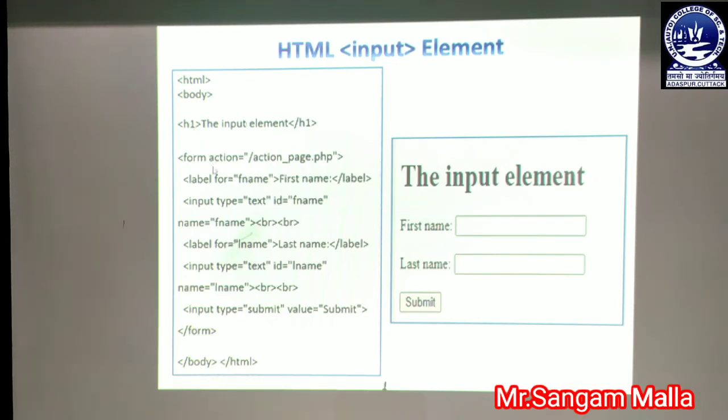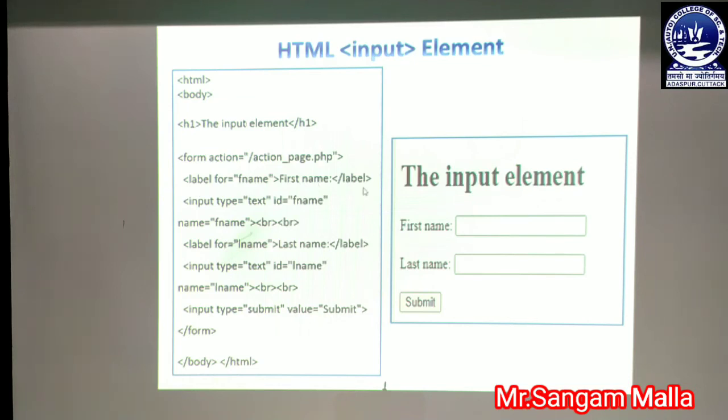Next comes our form. Whenever we design a form, we take the user input through the form. Another attribute, action, is associated with the form, which is used to give the action. That means whenever the form is submitted, it will move to the action page, action_page.php. Similarly, the label for fname gives our first name.